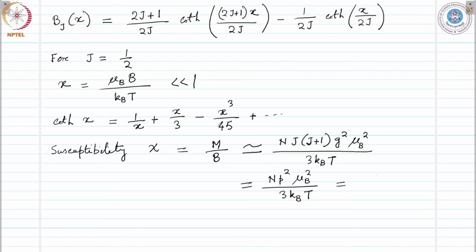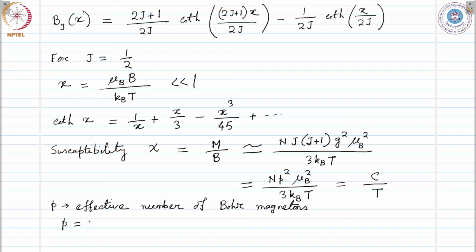This we can also express as C over T, because only T is the variable here, C is the constant. Everything except T is absorbed in this constant C. P is the effective number of Bohr magnetons, which is defined in the following way.